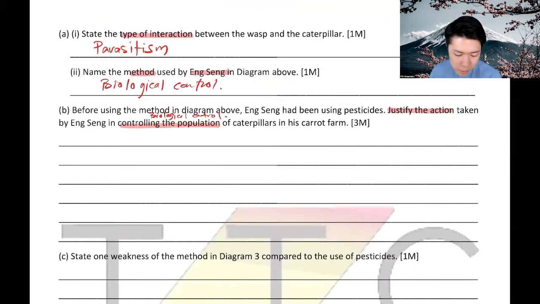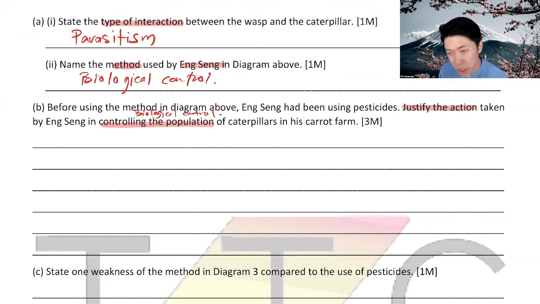Okay, sometimes also I like to write down more things to give myself a clearer direction rather than just reading and then straight away jumping into your karangan. So, justify his new method, biological control.